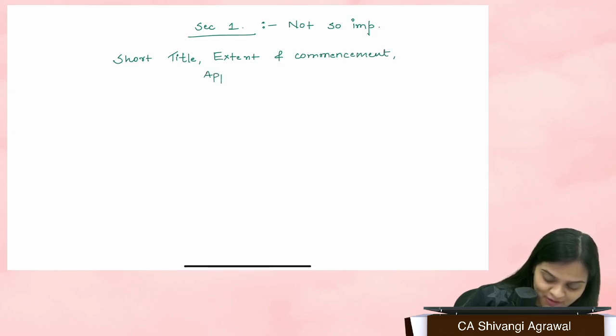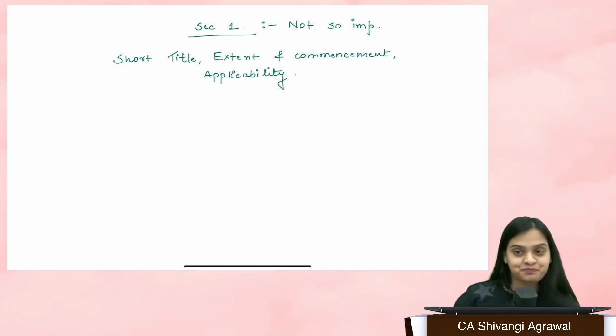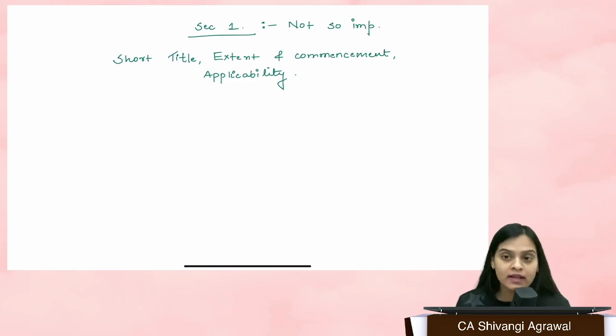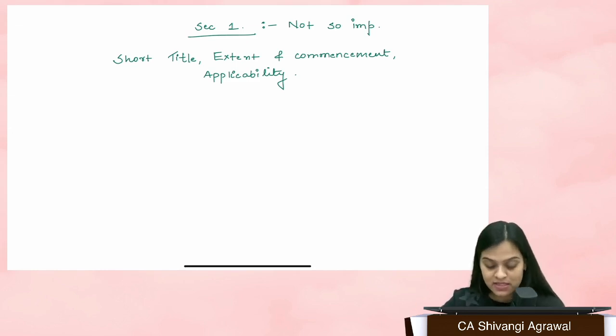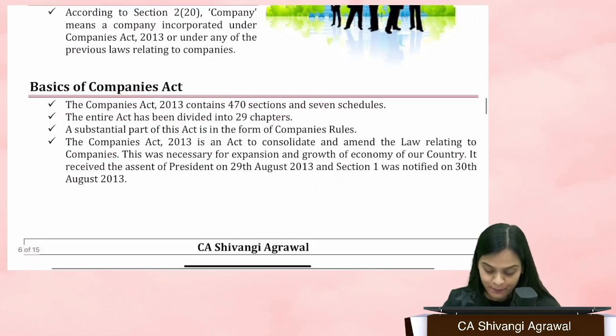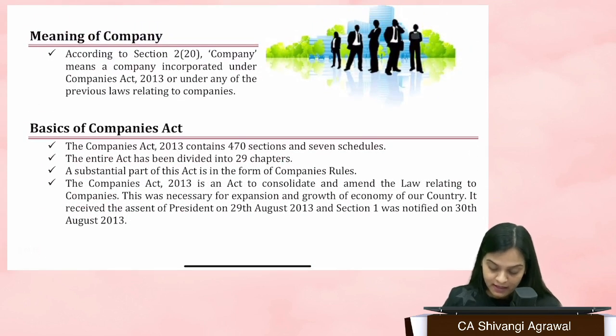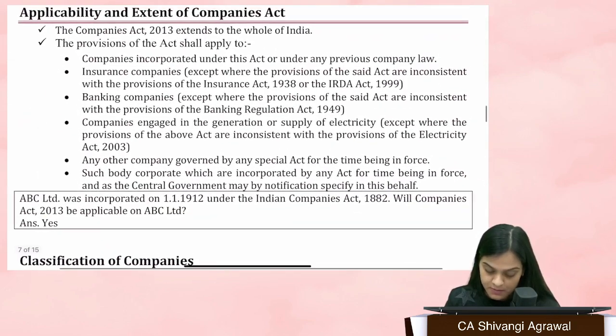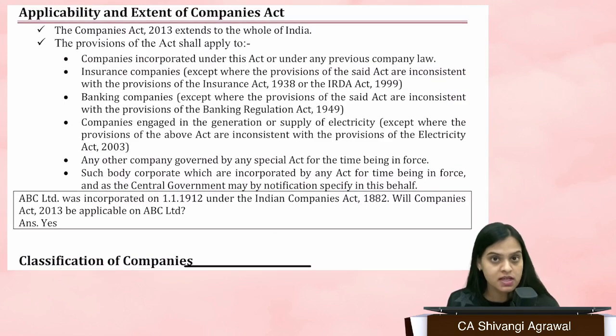I'm writing everything over here. This particular act is going to be called the Companies Act 2013, we all know that. That is basically the short title that we have. The basics I have already told you. Here come the applicability and extent of the Companies Act 2013.